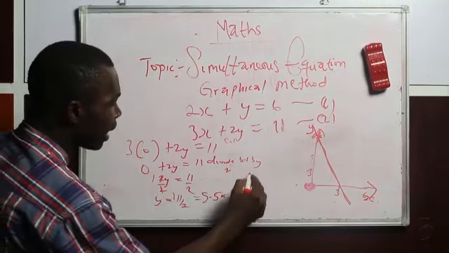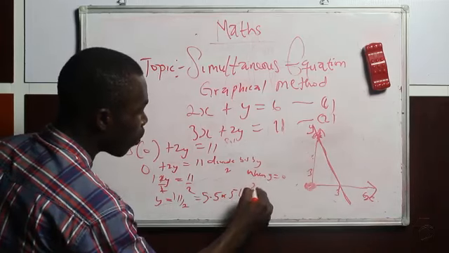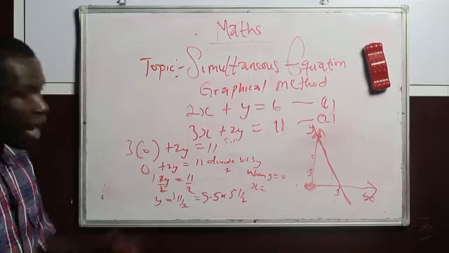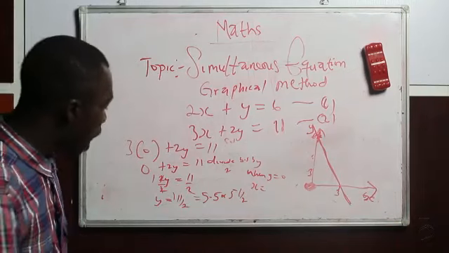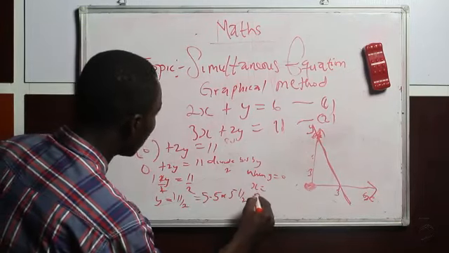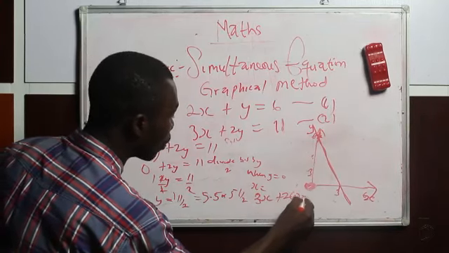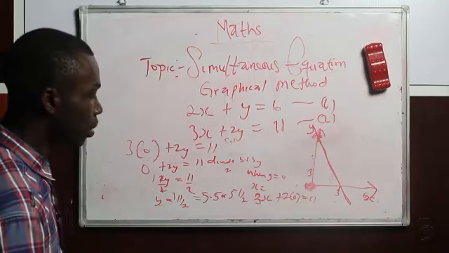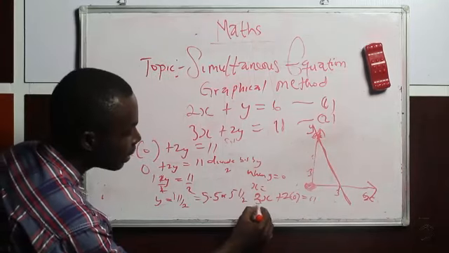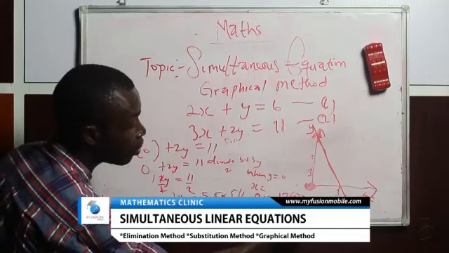So when y is equal to 0, what is our x value? Our x value is: 3x plus 2 bracket into 0 equal to 11. Therefore, 3x plus 2 times 0 will give us 0, equal to 11.